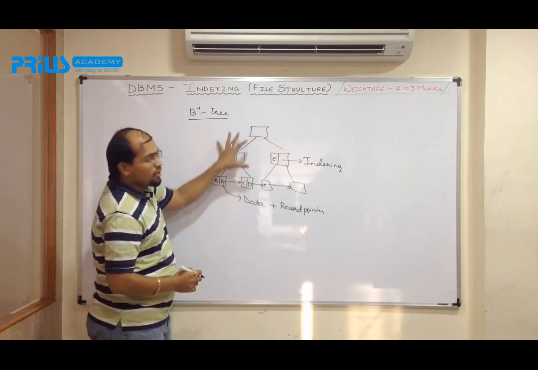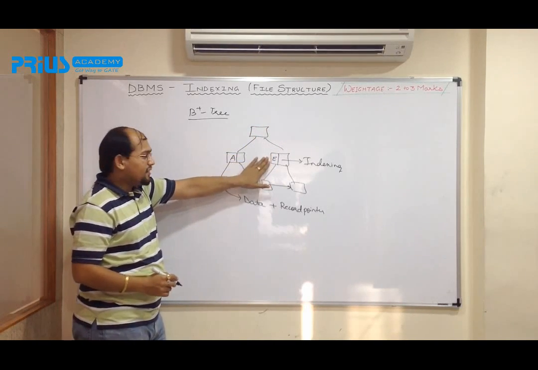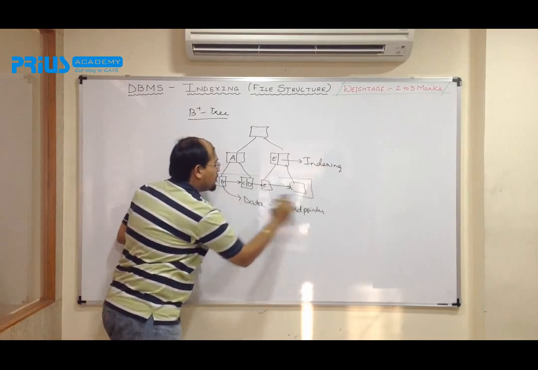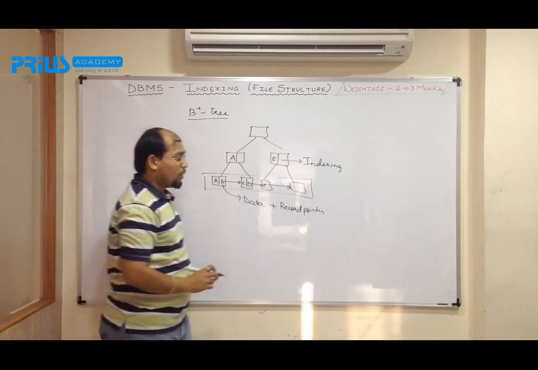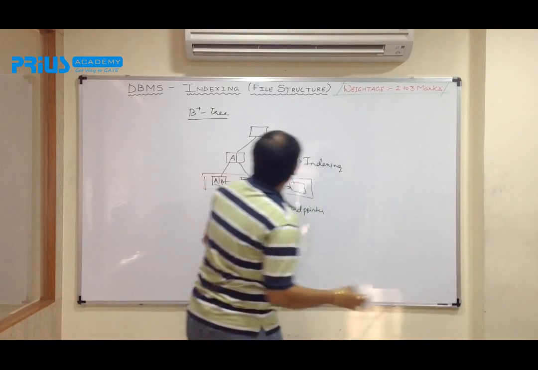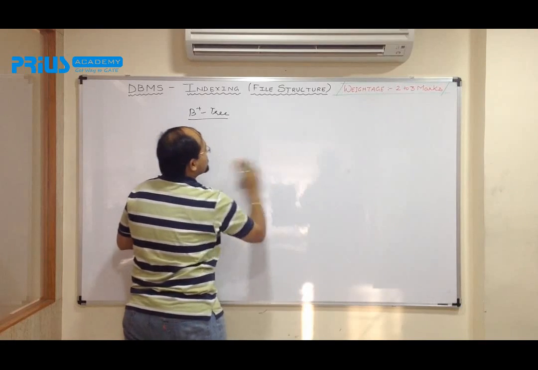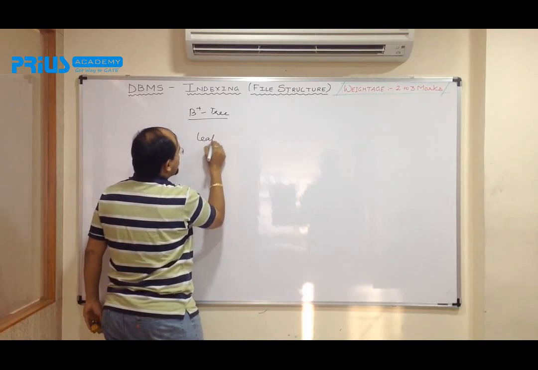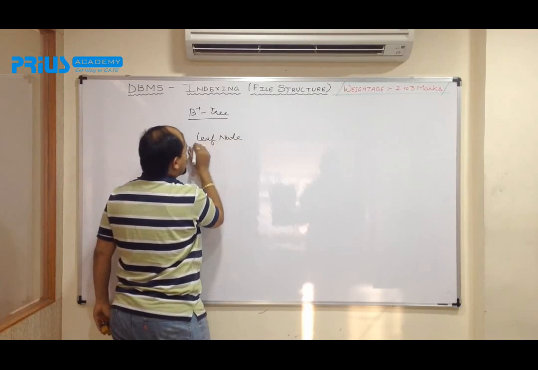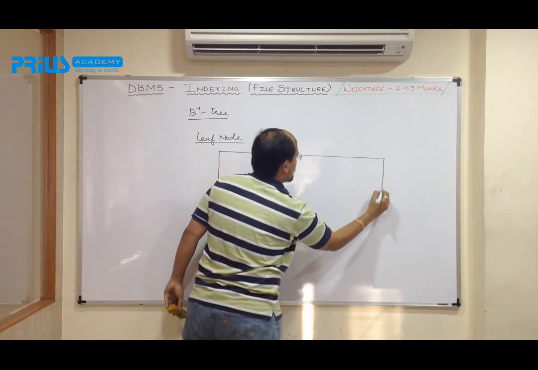So all the internal nodes are only used for indexing, whereas your leaf node will be used for storing the key as well as the record pointer. So now we need to see what the internal node structure will be. If I take the leaf node, assume that this is your complete block.